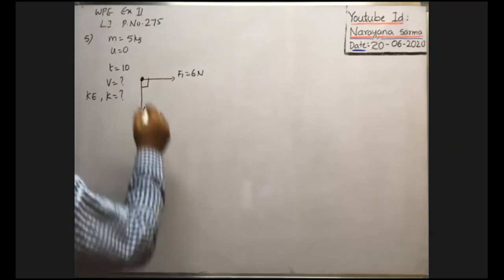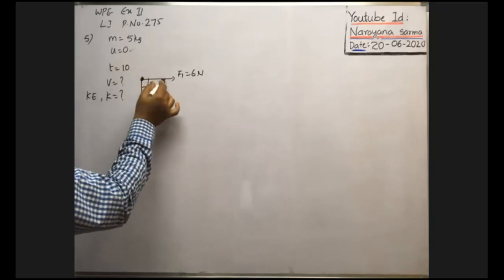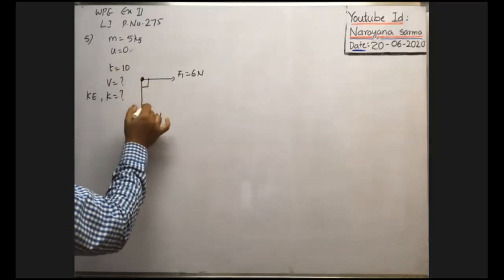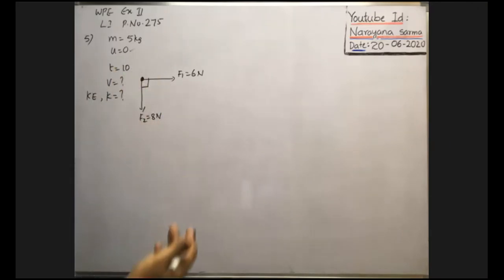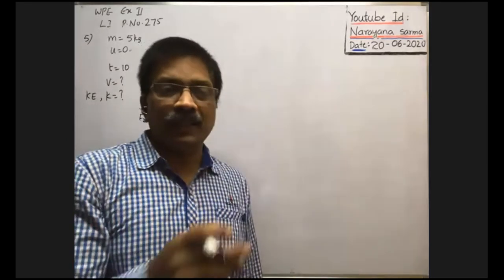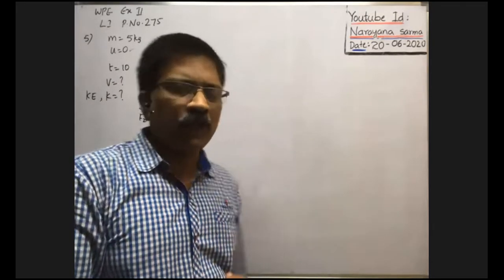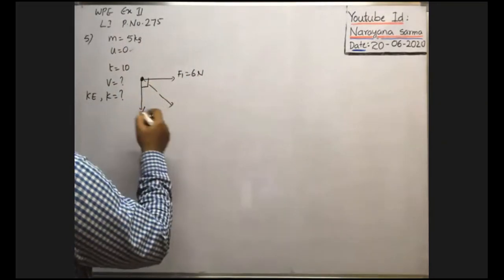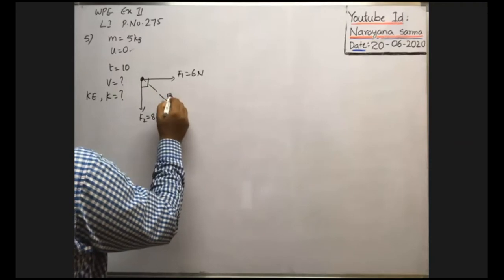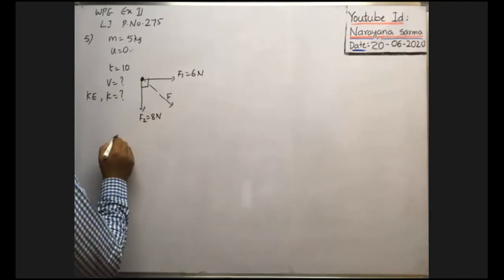Initially the body is at rest, but whenever the force acts on a body, the body will accelerate. Here there are two forces, so the resultant of these two forces acts in between them, in some other direction. What is the resultant force? Because if you know the resultant force, then we can find the acceleration.